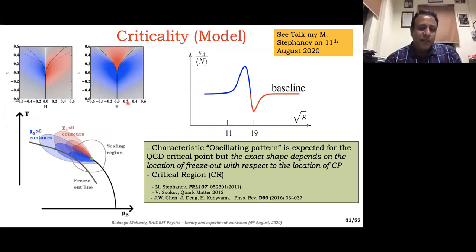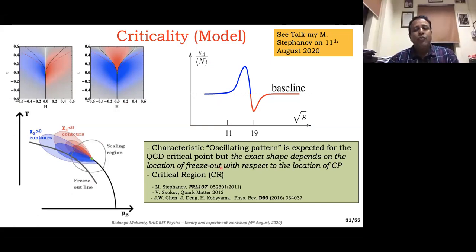I will just briefly say that what he suggests is that if the critical point is close to the freeze-out line, then looking at higher moments like kurtosis, normalized as a function of beam energy, as you come from higher energy to lower energy, one would expect an oscillating pattern. Of course, the exact shape and location of this all depends on where the critical point is and how far it is from the freeze-out line.